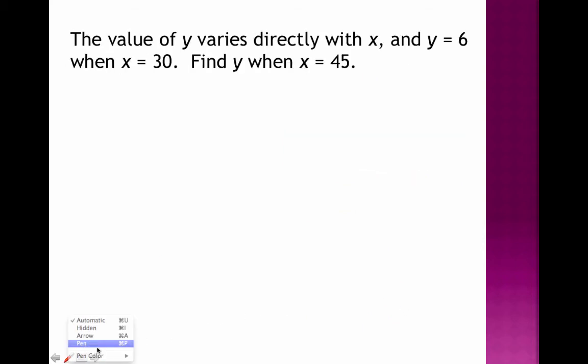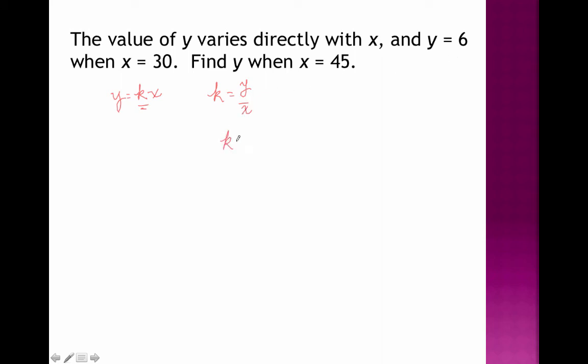So, the value of y varies directly with x. I know that I have a direct variation, y equals kx. I've got y equals 6 and x equals 30. I want to find y when x equals 45. Well, of course, I'm going to have to solve for my constant of variation. Remember, that can be written k equals y over x, and I've got a y value and an x value.